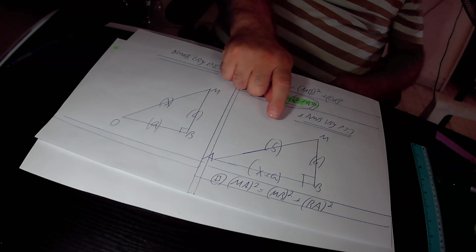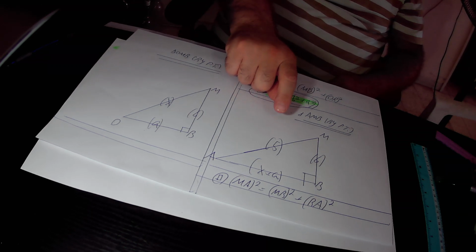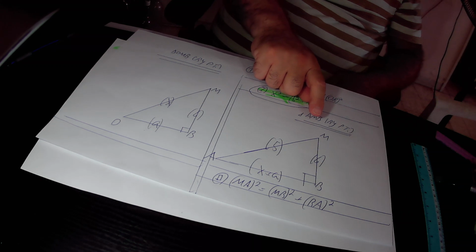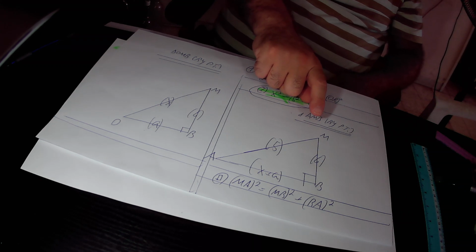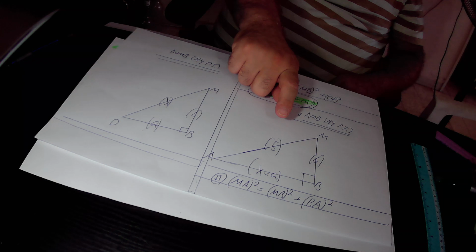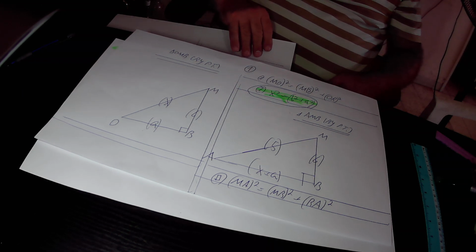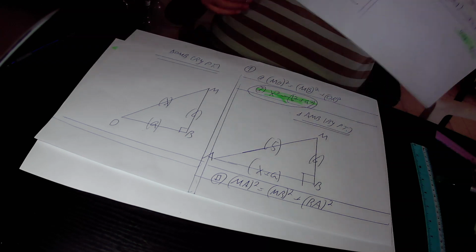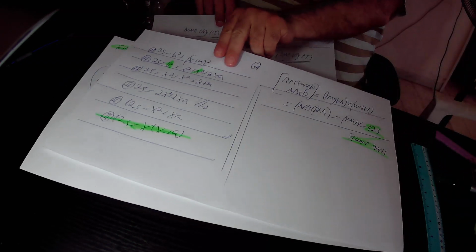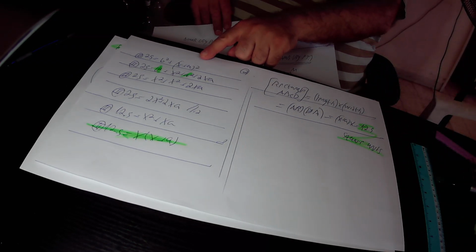AM is 5, therefore AM squared is 5 squared, that is 25, and it is equal to MB squared. MB is B, therefore MB squared is B squared, plus BA squared. BA is X plus A, therefore BA squared is X plus A, squared. So in total, according to equation 2, we find that 25 equals B squared plus X plus A squared.